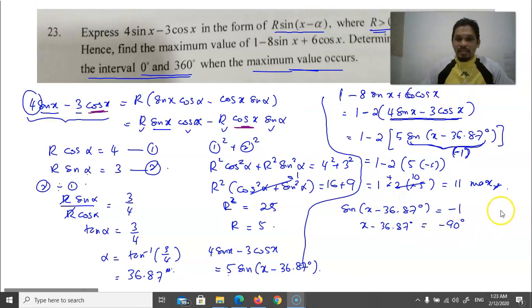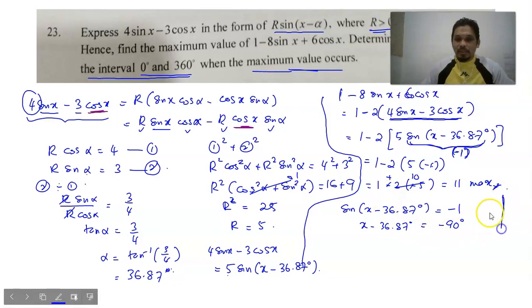Okay, that means for this one, the direction of the graph for negative 90 will be the clockwise direction. But because the interval is from 0 up to 360, we take the anti-clockwise direction of the angle.